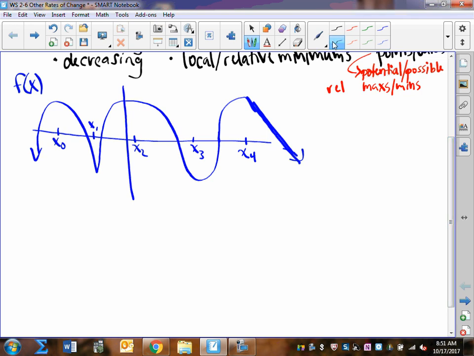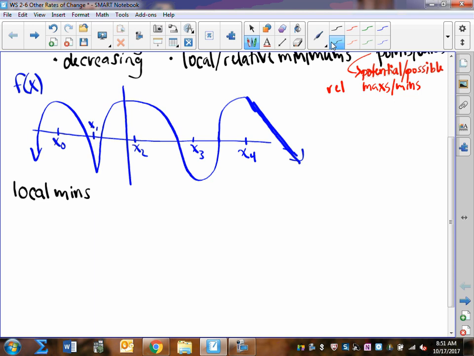Let's start off by identifying where our local maxes and mins are, starting with local mins. You do want to be careful on assessments as well as the AP exam, because sometimes we'll ask where does the minimum or maximum occur, and sometimes ask for the actual minimum or maximum.